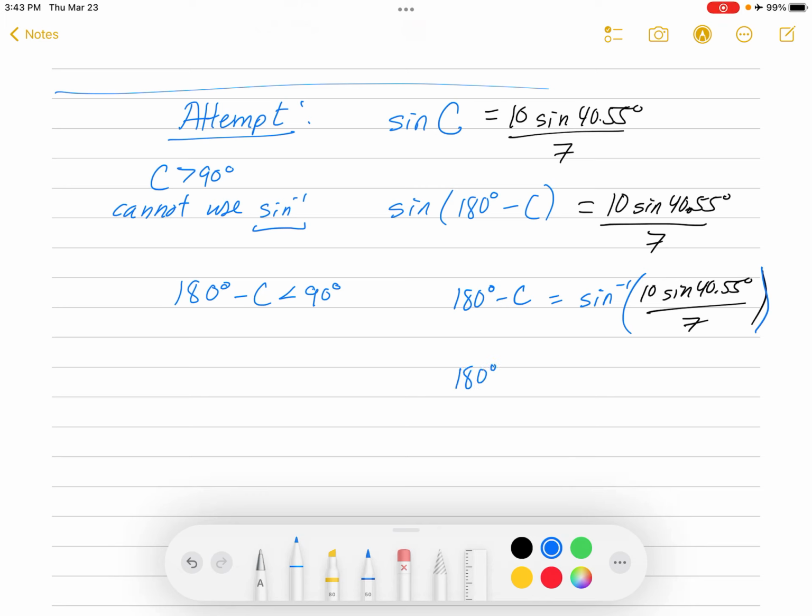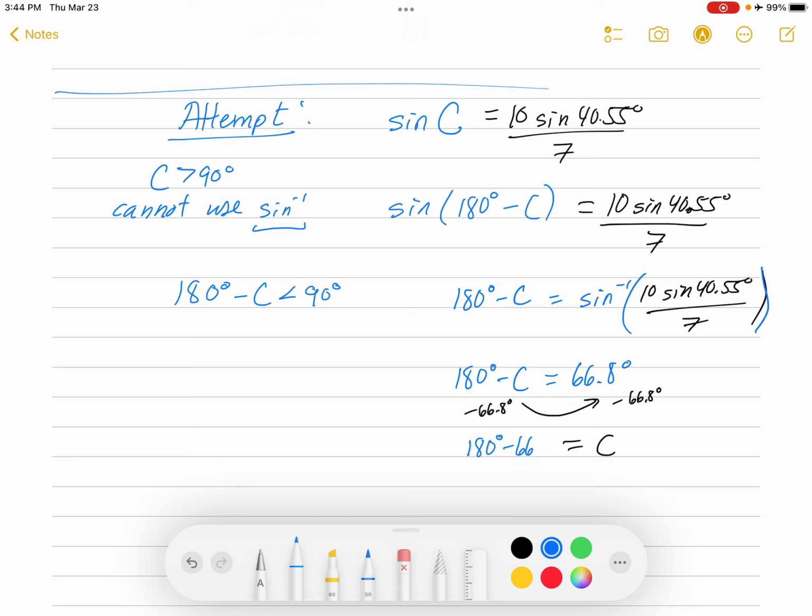To solve this, I'm going to take out my calculator like before and press the sine inverse of 10 times the sine of 40.55 over 7. Remember, last time we calculated that to get 66.8. Now we have to solve for C, so I'm going to move the C to the right and subtract 66.8 from both sides.